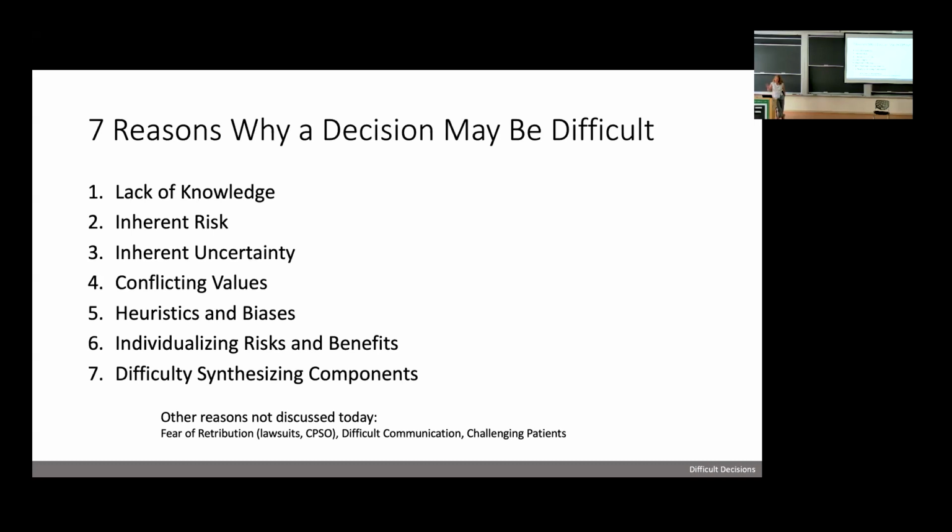Conflicting values may or may not have been part of your decision making. Then heuristics and biases, and usually, especially in medicine, it's around how we individualize risks and benefits, and I will also talk about how that's relevant in other fields as well. And then it's often difficult to synthesize all those different components.